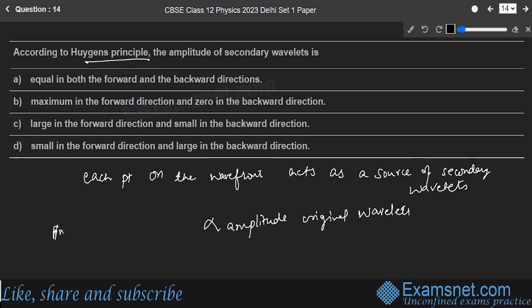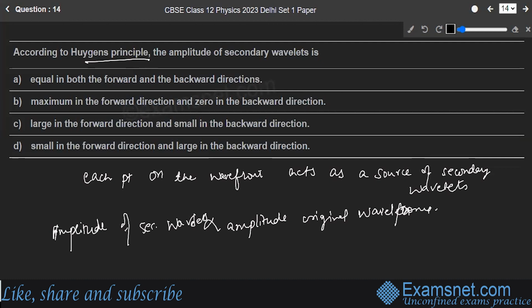The amplitude of the secondary wavelets is equal to the amplitude of the original wavefront. However, the amplitude of the secondary wavelets is the same in all the directions.